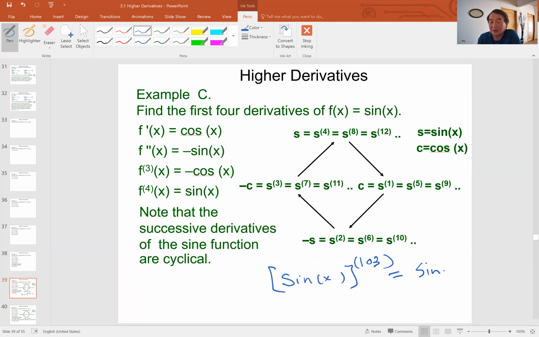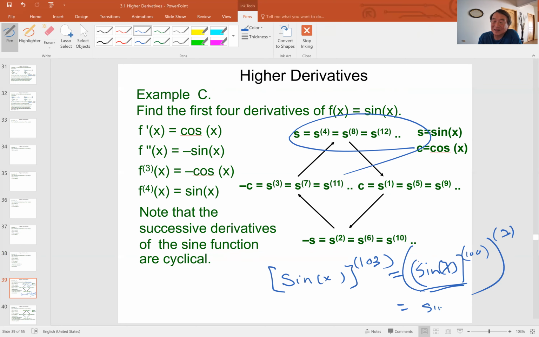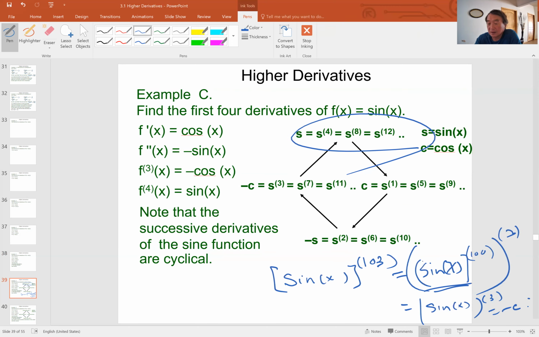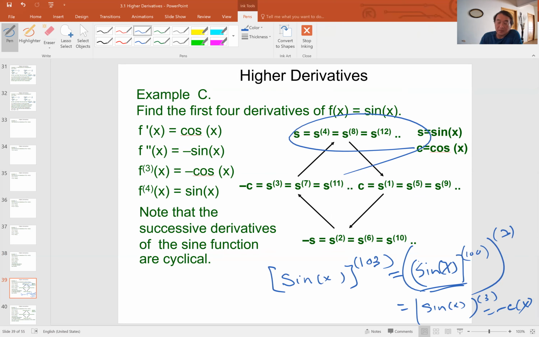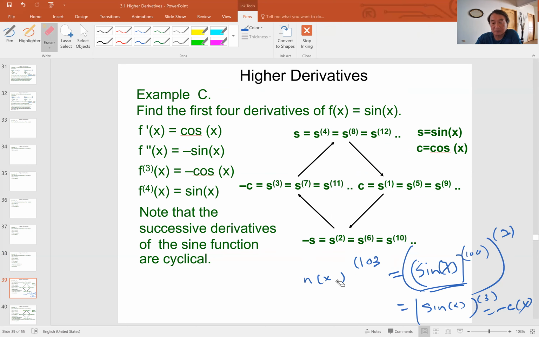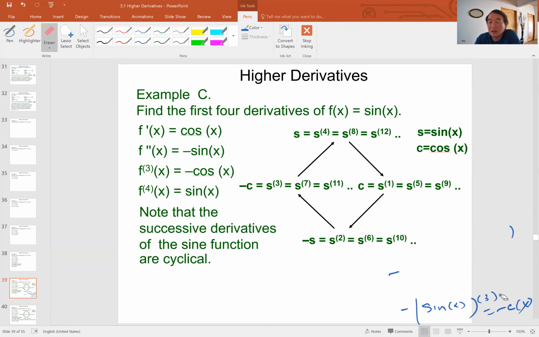Take the derivative 100 times, and then 3 times more. If I take it 100 times, it comes back to itself. So this is the same as taking the derivative 3 times, which of course is minus cosine x. Similarly for cosine, it goes in cycles, like sine.